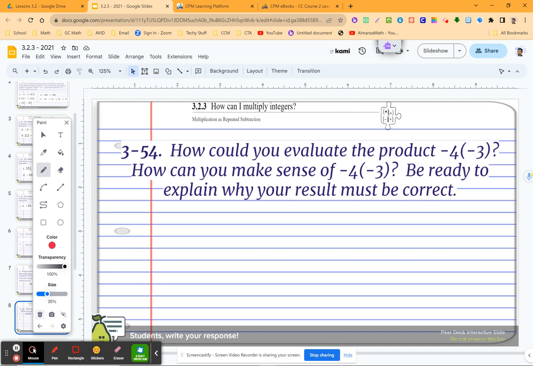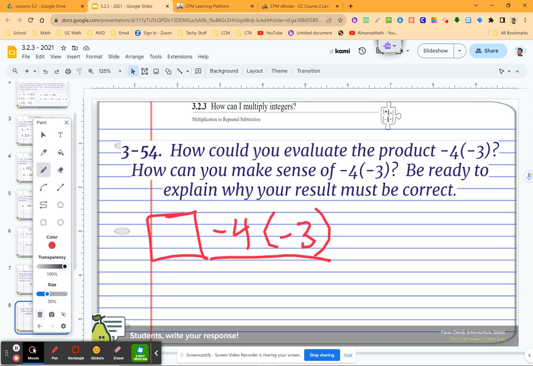And so let's think of it the way we just did. So we have -4 times -3, which means we are basically taking away 4 groups of -3. Now, if we look at this as a diagram, we're taking away 4 groups of -3 from 0. There's nothing here.